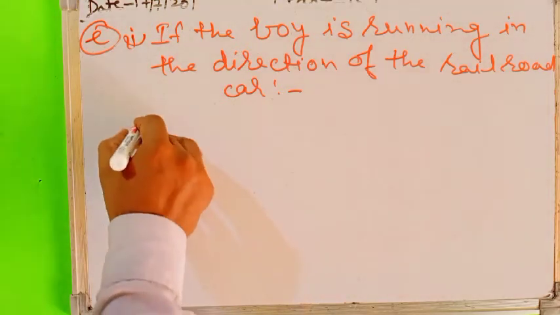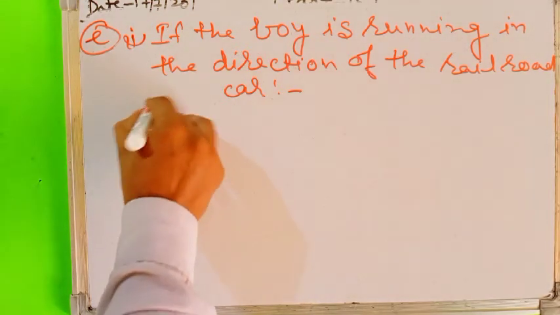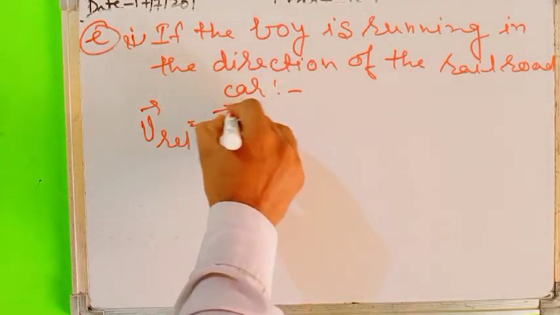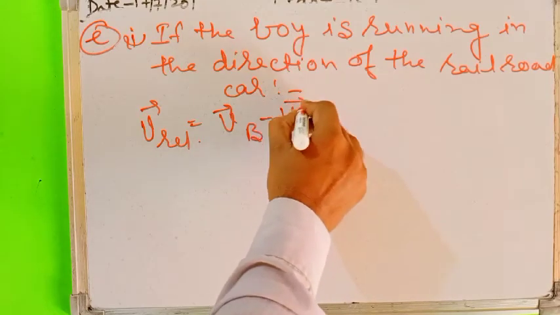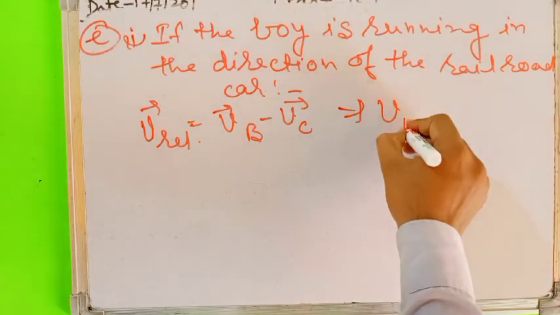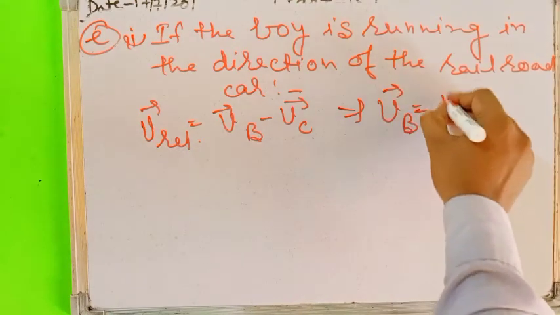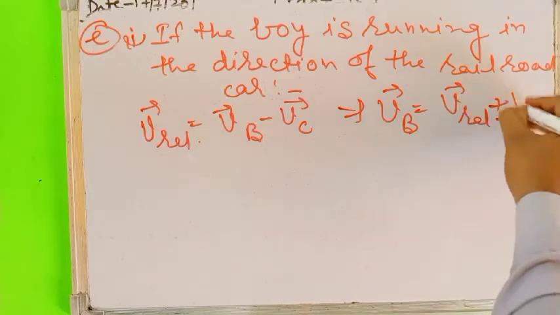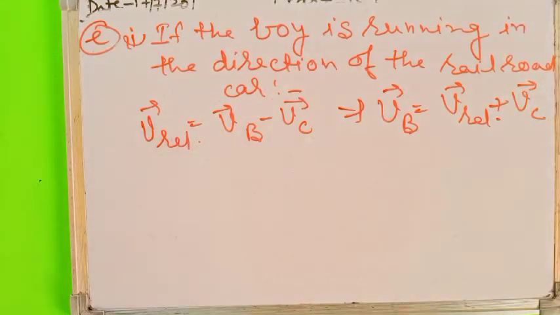So V relative is equal to velocity of boy with respect to ground minus velocity of car, or from here velocity of boy with respect to ground can be given as velocity of boy with respect to the railroad car plus velocity of car.